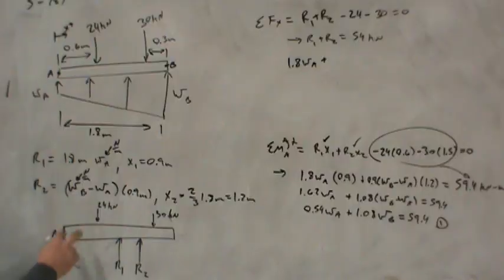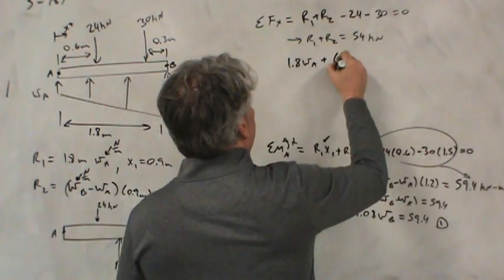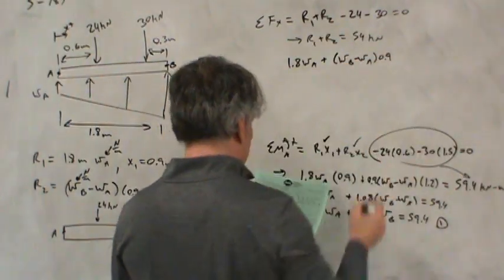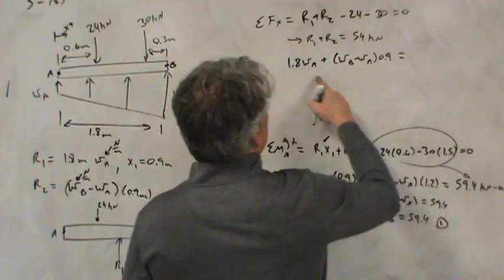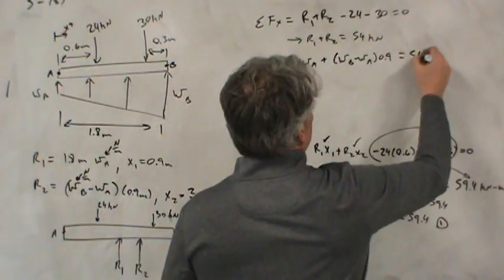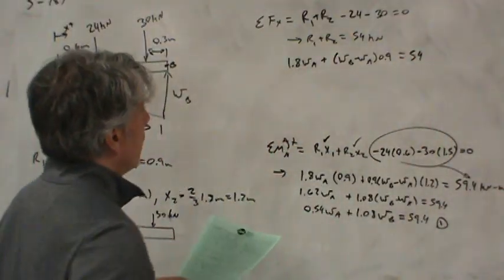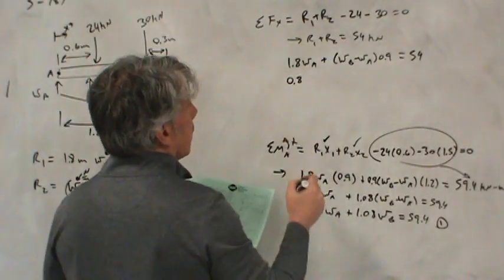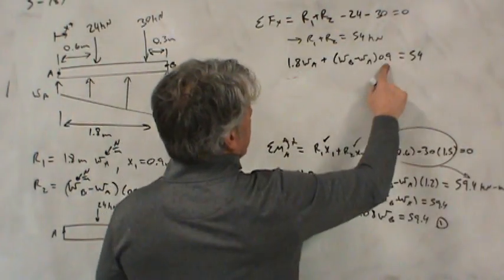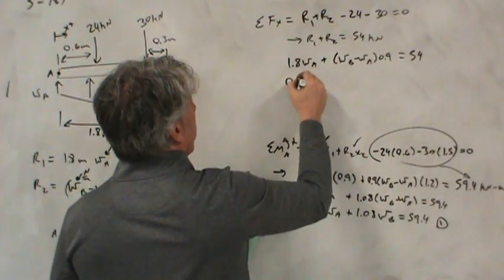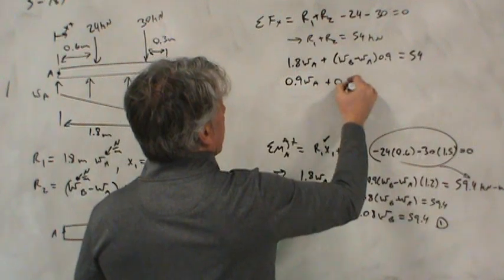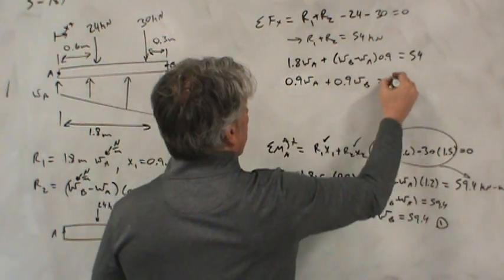R2 is WB minus WA times 0.9. That sum then, since that's R1 plus R2, comes out to 54 kilonewtons. Simplifying, notice we've got minus 0.9 WA, so 0.9 WA plus 0.9 WB equals 54.